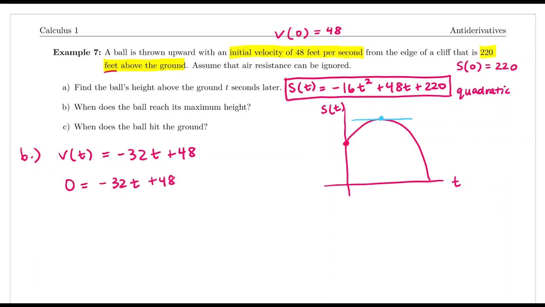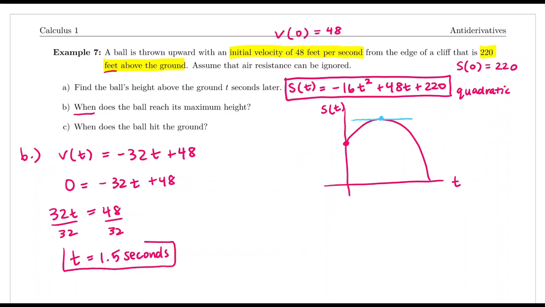If I add 32t to both sides and then divide by 32, we end up getting t is equal to 1.5 seconds. The question is asking when, so our final answer is after 1.5 seconds, the ball will reach its maximum height.